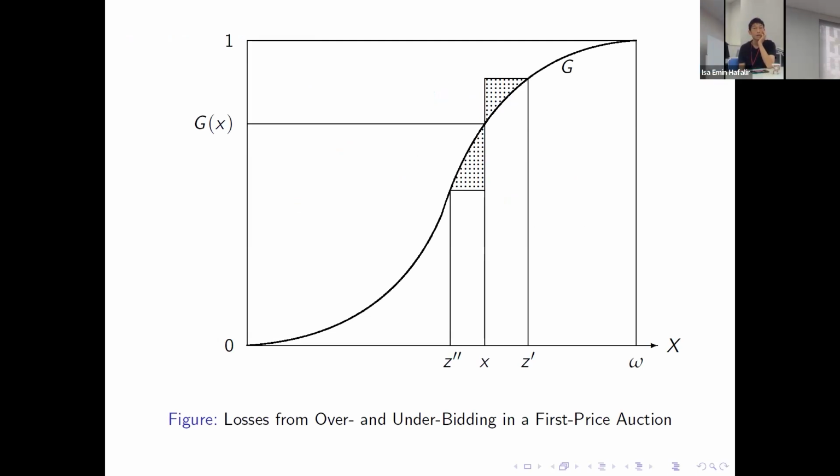Yeah, I'm pretty sure. There are of course existence results and some other papers about the first price auction equilibrium with assumptions other than the standard smooth increasing distribution functions.